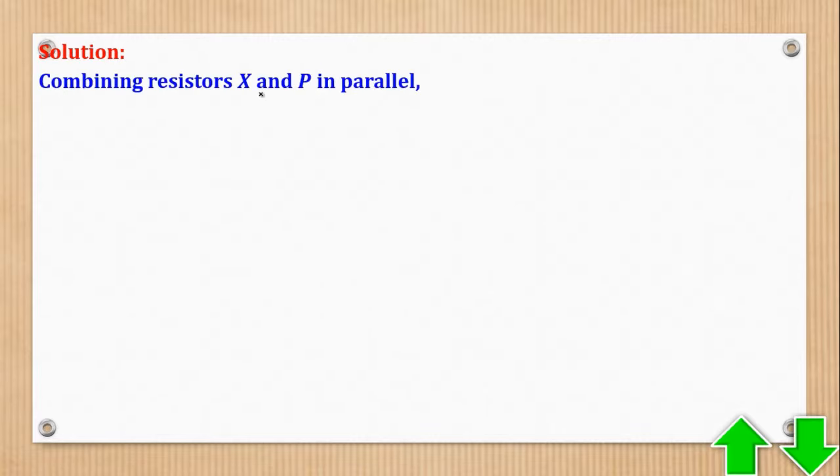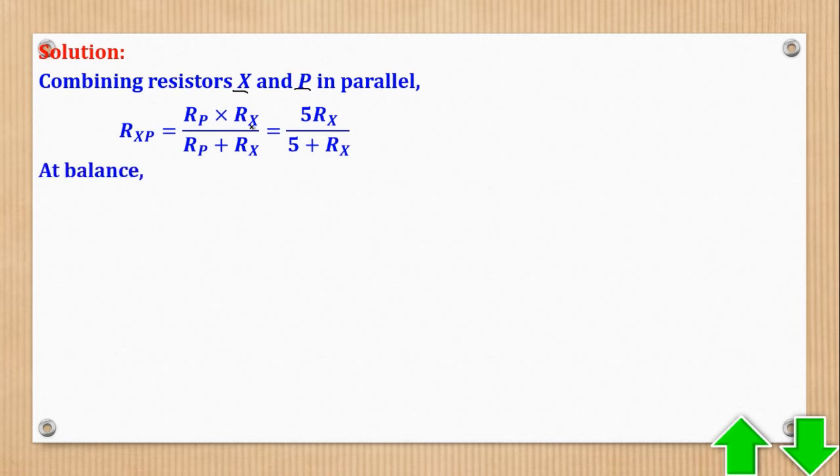Combining the resistors X and P, because they are in parallel, we shall get product over sum. Then at balance, L1 is 66.7 and L2 will be got by saying 100 minus L1.